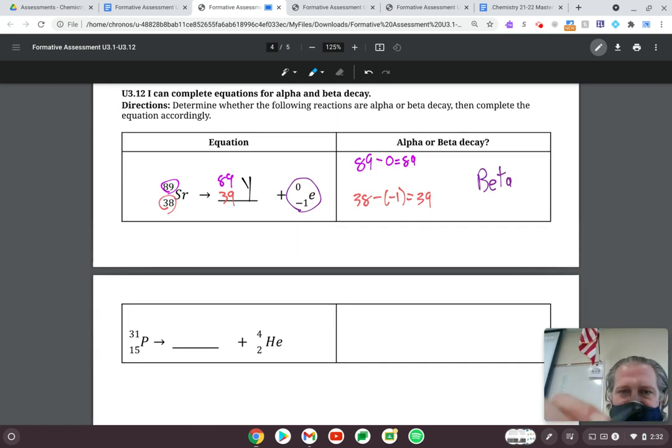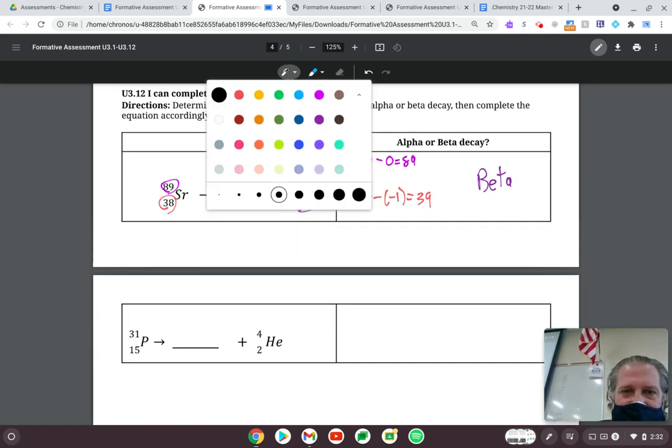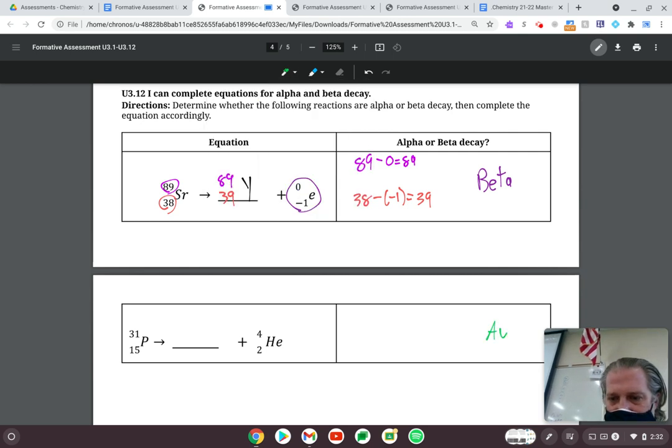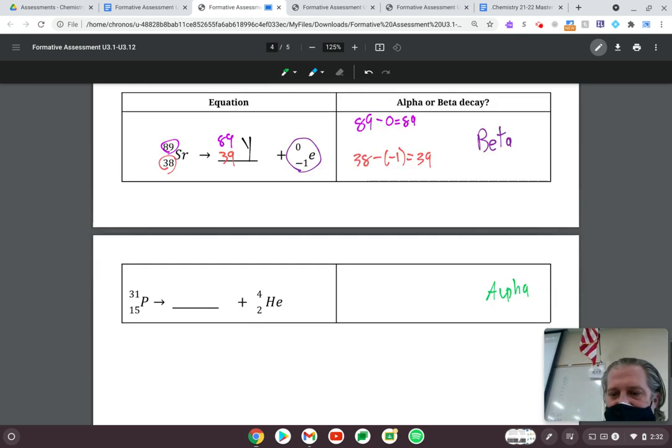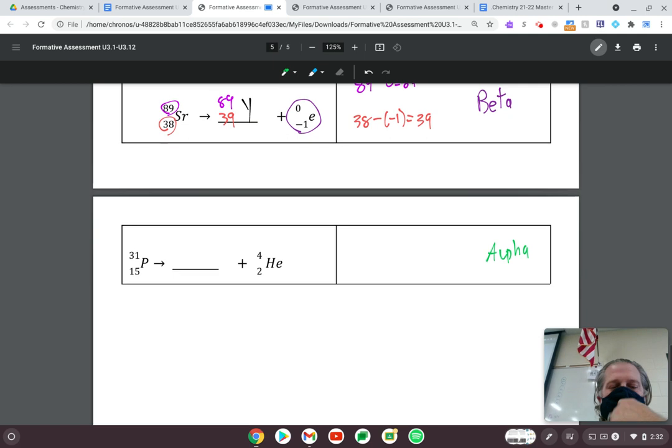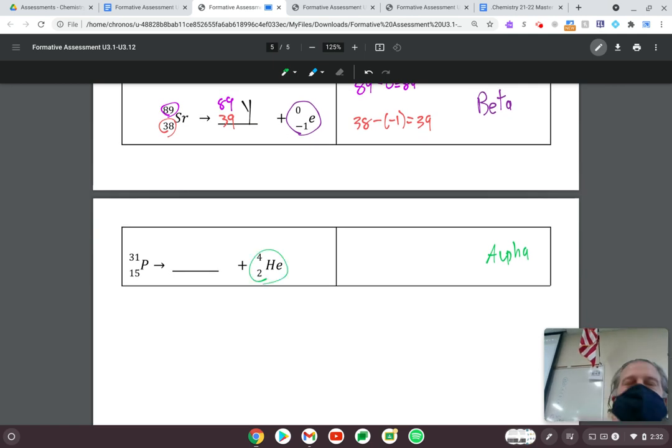So that means that we are left with alpha decay. And in this instance, both sides have to add up, but the presence of the helium is the thing that gave this away.